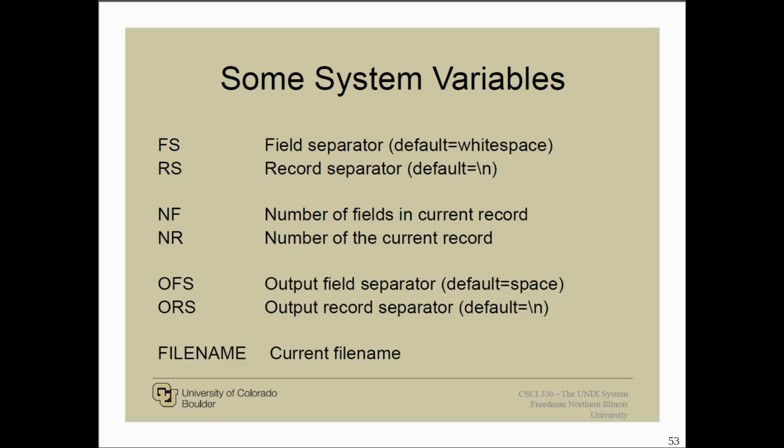So here we have some system variables that awk can use. The field separator, default white space. The record separator, default \n, hence the line. Now note, this could be changed to something else as opposed to \n. Then we have the number of fields for the current record, the number of the current record, the output field separator, output record separator, and the current file name.